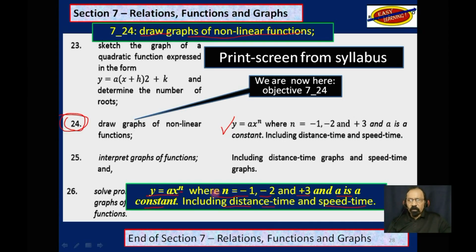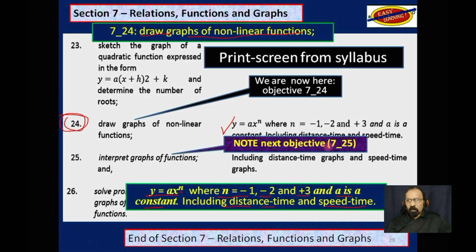So that is what we are doing for this objective. Note objective 7.25, which is this one down here, which says interpret graphs of functions, and it specifically lists distance-time graphs and speed-time graphs. So yes, in this objective 24, we will draw the graphs, but in the next objective, we will interpret them.